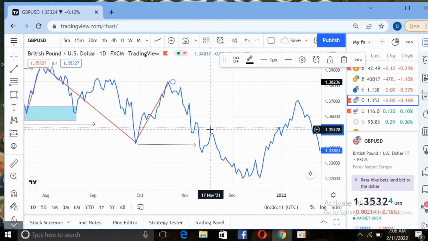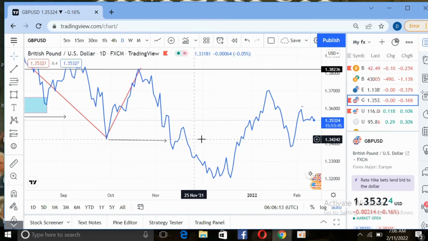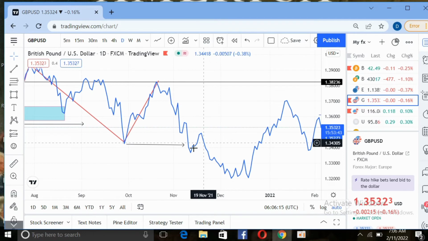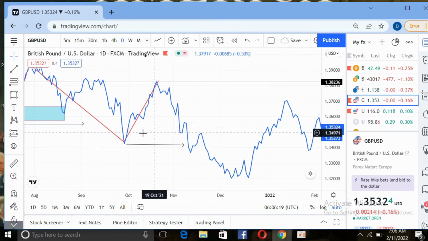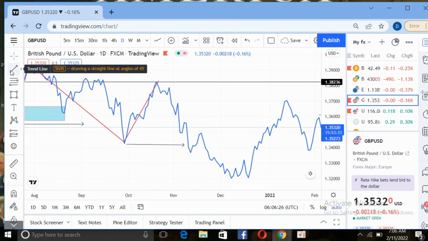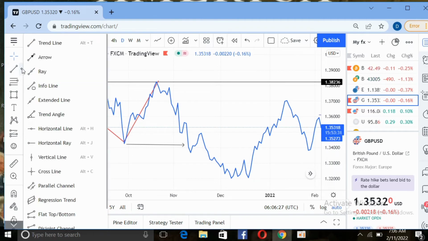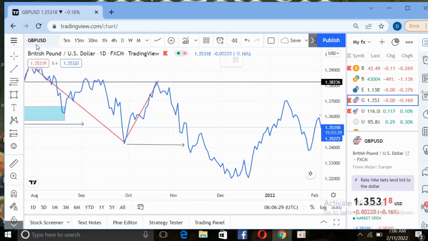When price has broken structure, we look for reasons to buy the pair. So this occurs at this point. We have a structure at this point.